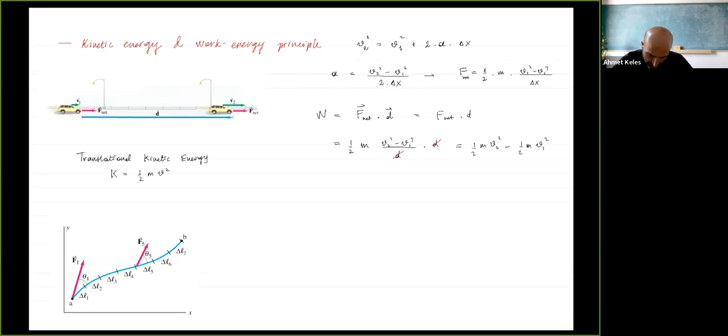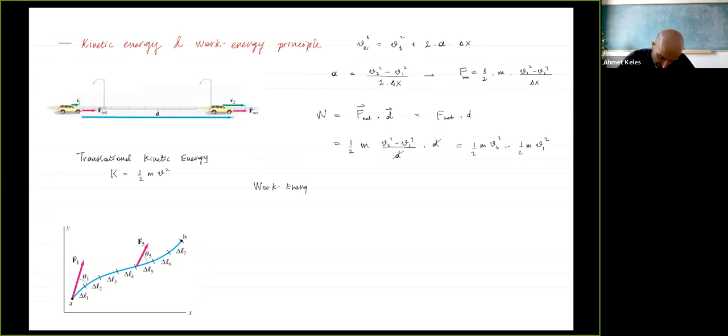And now I can see this thing is equal to the kinetic energy at the later time subtracted from the kinetic energy at the earlier time. And now I can define the so-called work energy theorem.